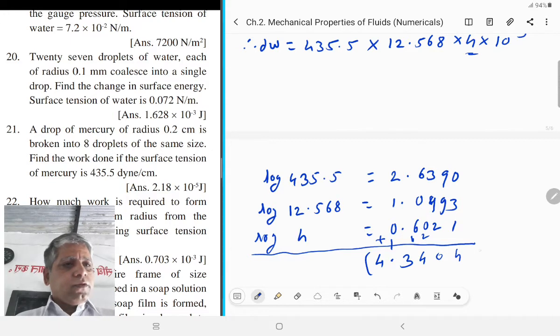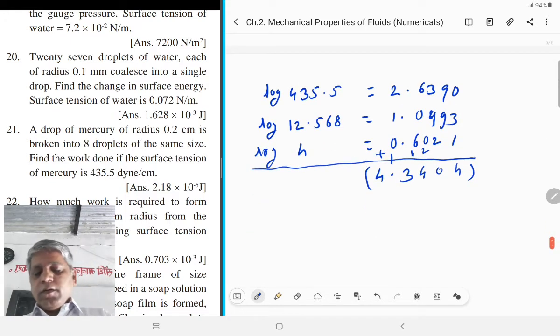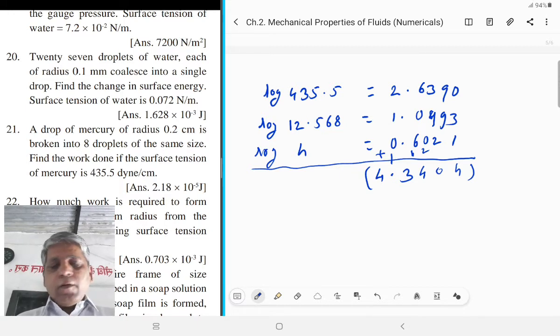Now see the antilog of this. We get 2.189 into 10 raised to 4.